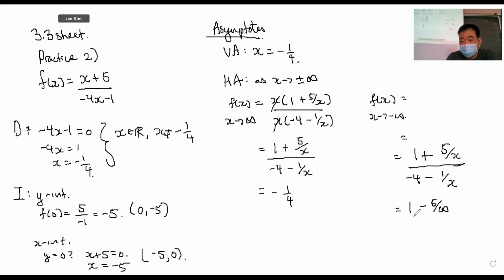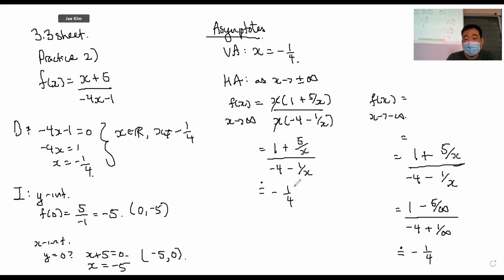So I'm just going to do it to show you that the signs change. And this is negative 4 plus 1 over a big number. So it still approaches negative 1 over 4, but is it approaching from the positive side or negative side? Again, instead of analyzing it here, how about I draw it and just test the number, to make your life a little bit easier.